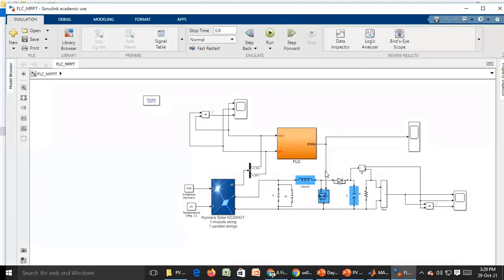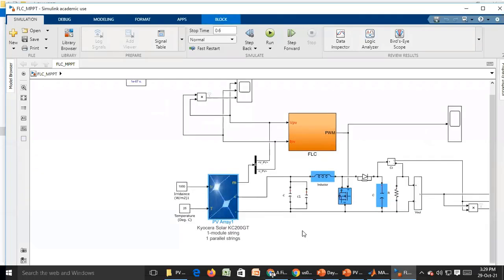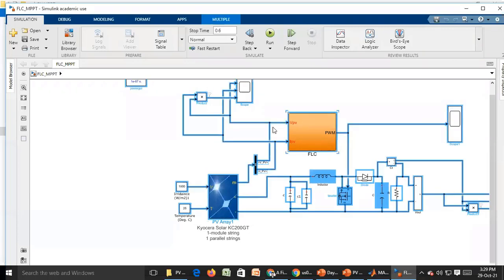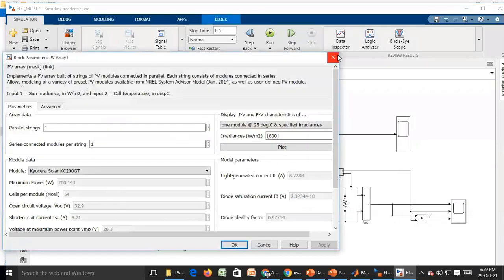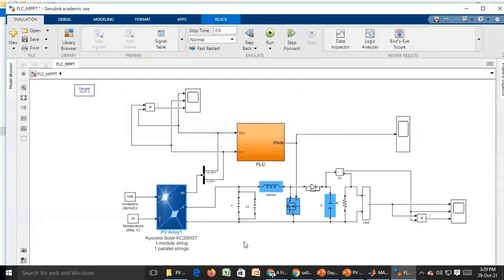See, when you want to design, it is clearly given here. There is a PV array, 1000 watt per meter square, 25 degrees, the same we have considered. And now this is a DC-DC converter. Here what I have done: VPV and IPV I have taken, which are given as input to the FLC controller.